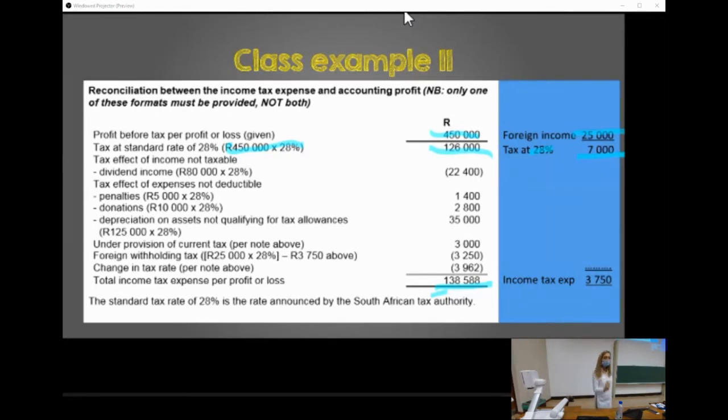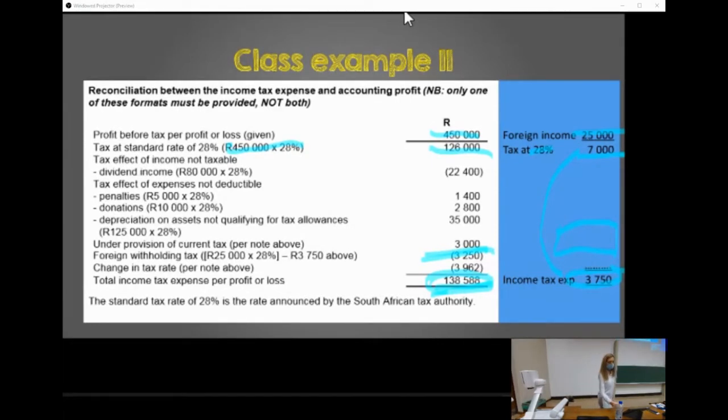However, the actual tax that we paid, the tax amount that's included in my income tax expense for the year, is 3,750. So that's why in our reconciliation, we have to say, okay, something's missing here between the 7,000 and the 3,750. And that's this amount, the foreign withholding tax, that goes into my reconciliation.